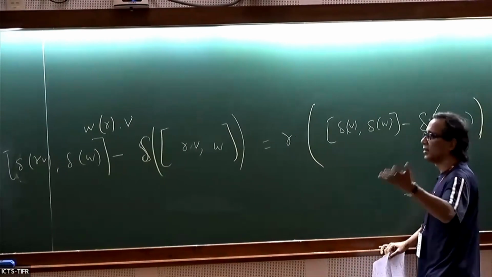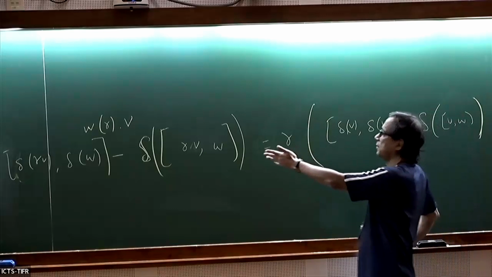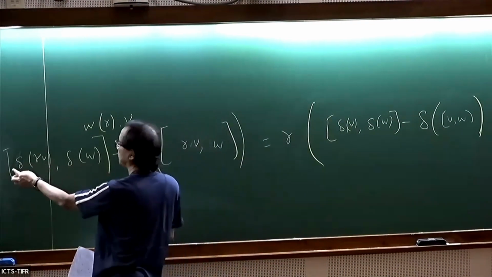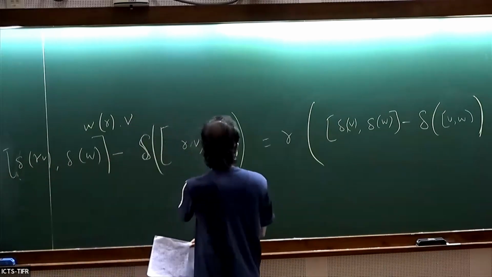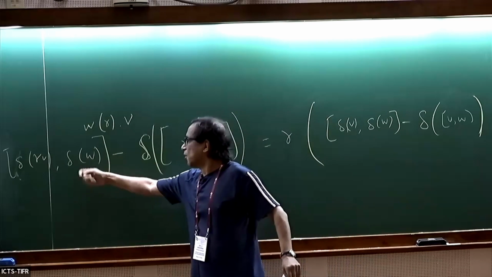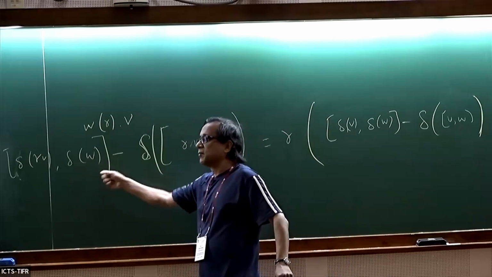When you take the Lie bracket, multiply a vector field by a function, the function doesn't come out. But here, in this case, it comes out, but the extra nonlinear term cancels off.